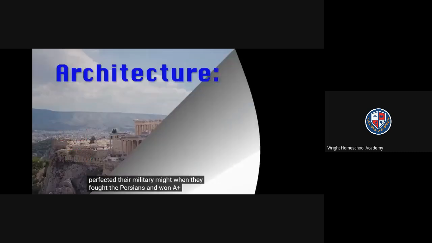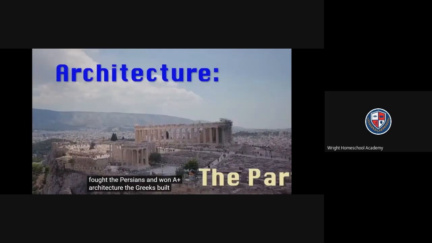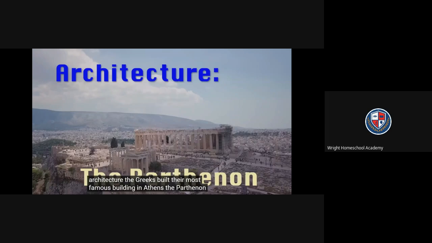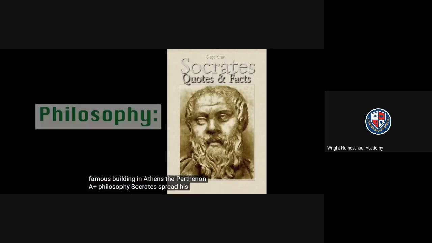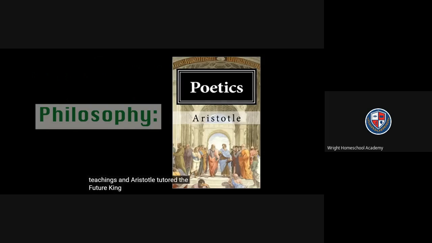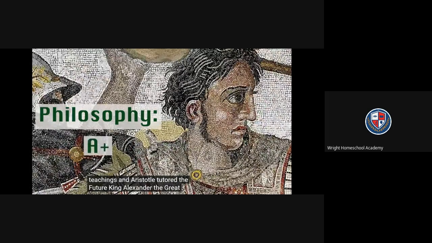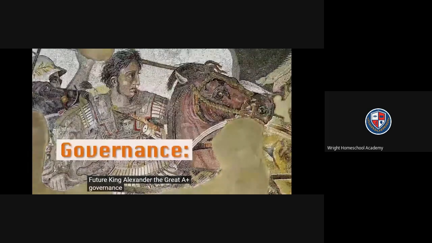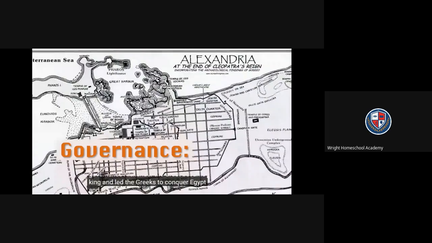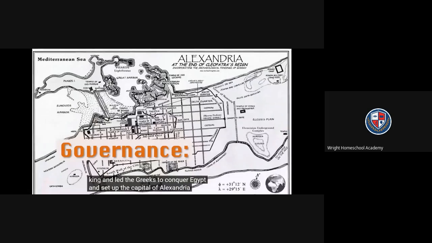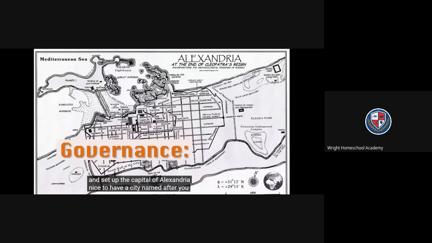A+. Architecture. The Greeks built their most famous building in Athens, the Parthenon. A+. Philosophy. Socrates spread his teachings and Aristotle tutored the future king, Alexander the Great. A+. Governance. Alexander the Great became king and led the Greeks to conquer Egypt and set up the capital of Alexandria. Nice to have a city named after you, don't you think? A++.